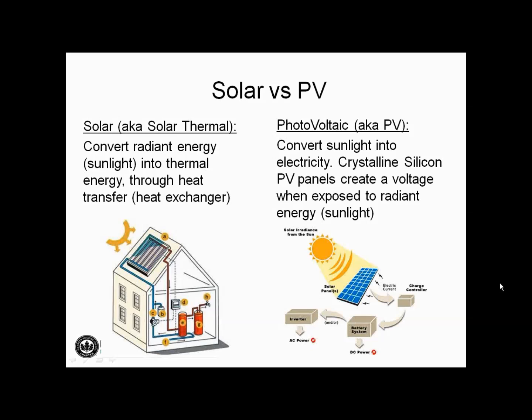PV takes the sun and converts it through the crystal panels directly into electricity, which is then connected to your building's electrical system. So those are different things, but a lot of times get used the same.